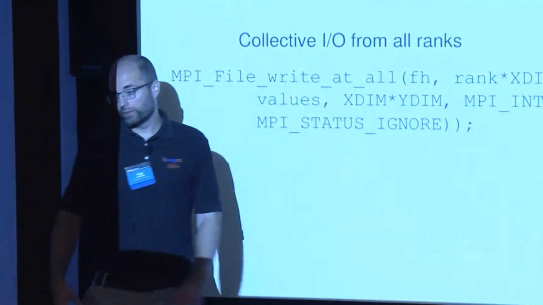So if you want to answer your question, is it better to do many small requests or let the I/O aggregation happen? You could turn this write-at-all call, just drop the all, and do MPI file write at and see what happens. You could time both of those, and maybe because your workload is imbalanced or because the tuning is weird, you get better performance.